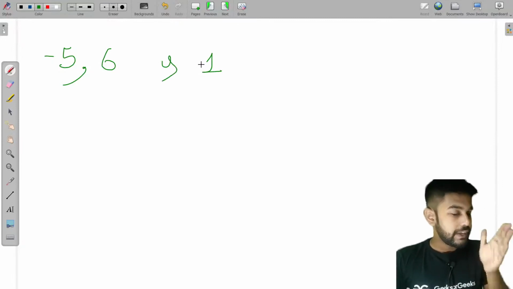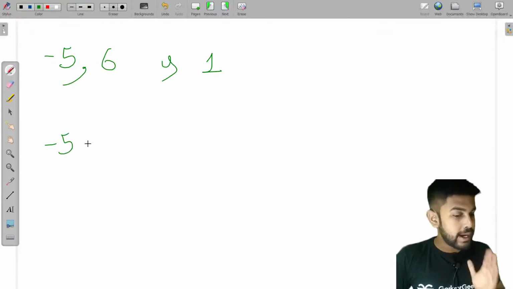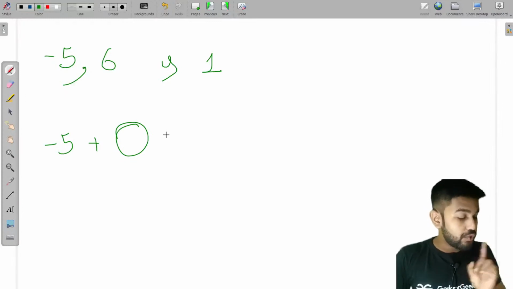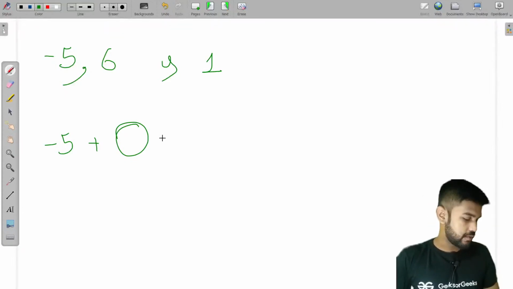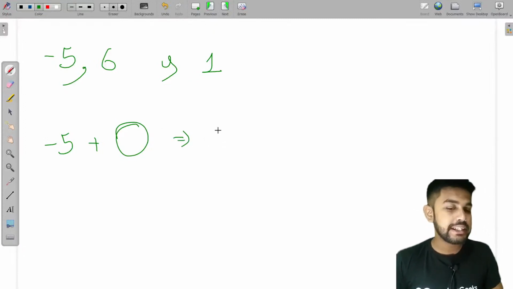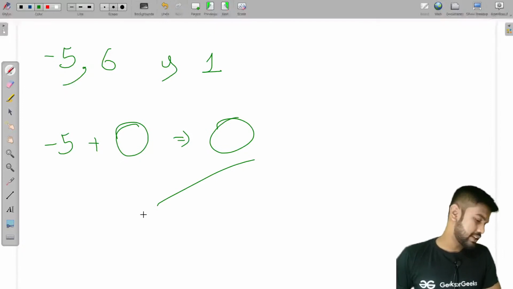So if we add minus 5 plus whatever number here which is greater than or equal to 6, the value would absolutely be greater than 1, not less than 1. That is the thing that tells us that we need to sort the array.